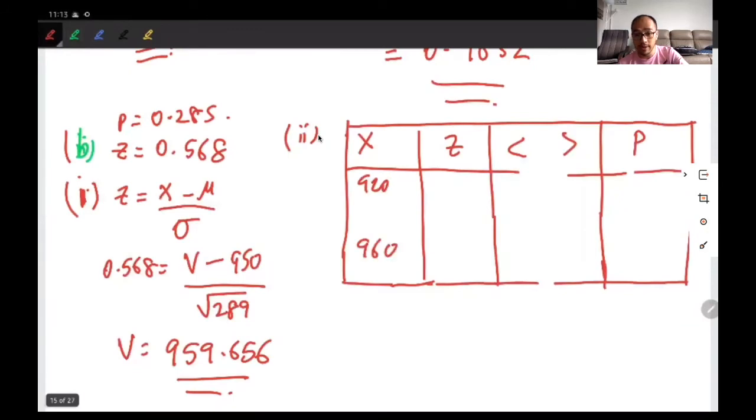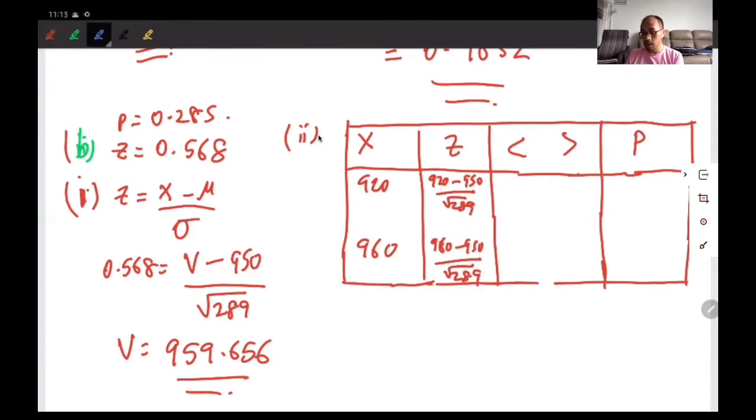So you convert to Z. This will be 920 minus 950 over the square root of 289, and this will be 960 minus 950 over the square root of 289.